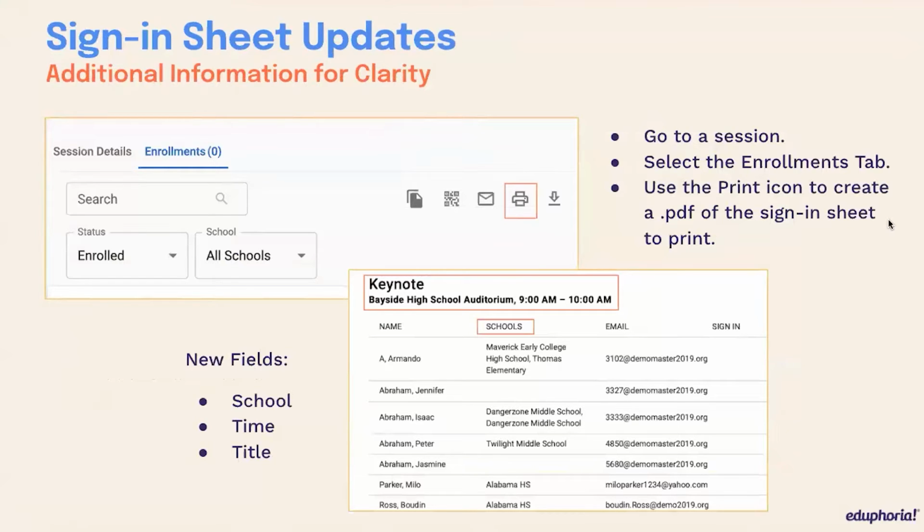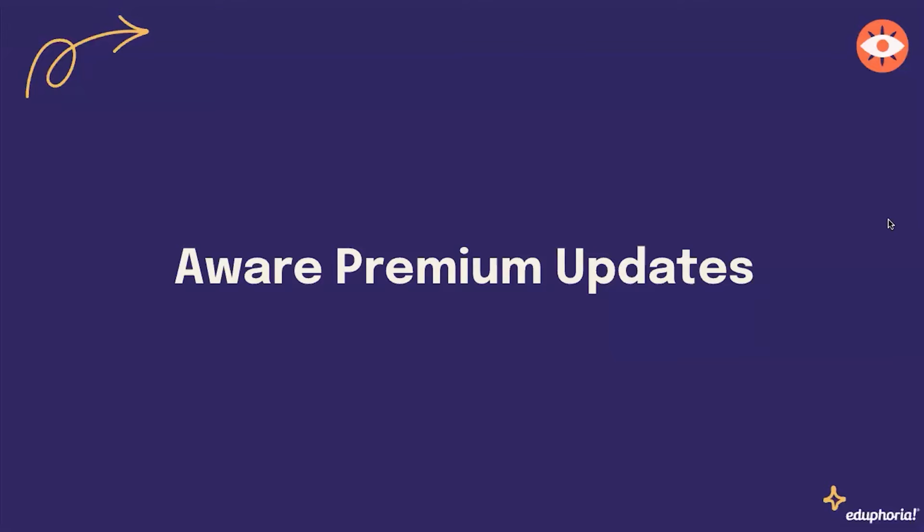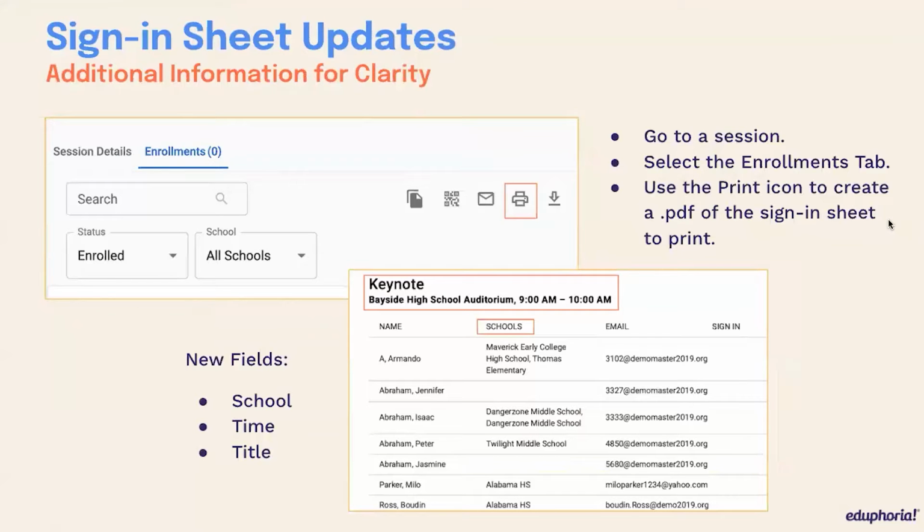So I just wanted to call those things out because these are definitely much requested features and things that you will be needing as you're going into the summer for your summer PD.